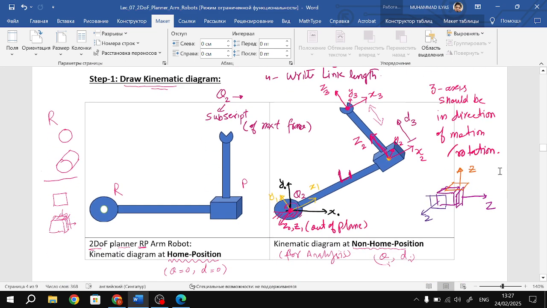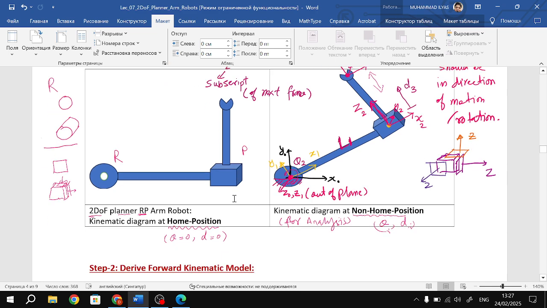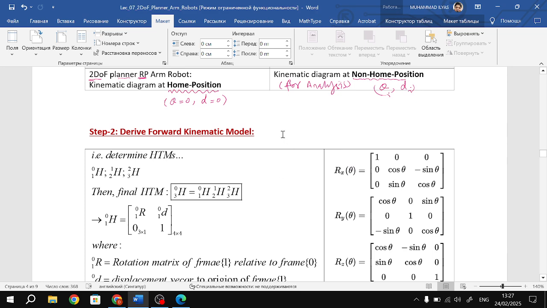We have done this for this simple example: we have attached the joint variables, the frames, and link length L1, at non-home position. So I think this is complete now. Our first step is done, draw the kinematic diagram. Next step, derive the forward kinematic model.